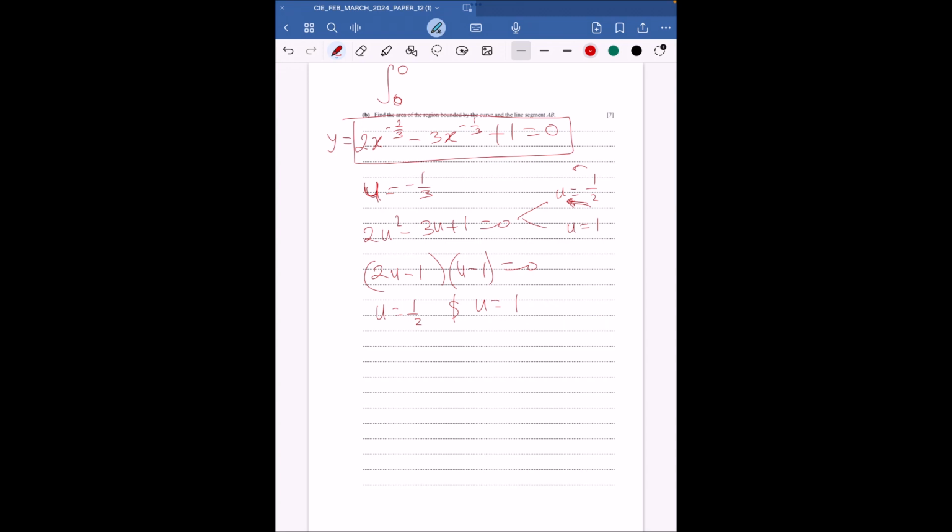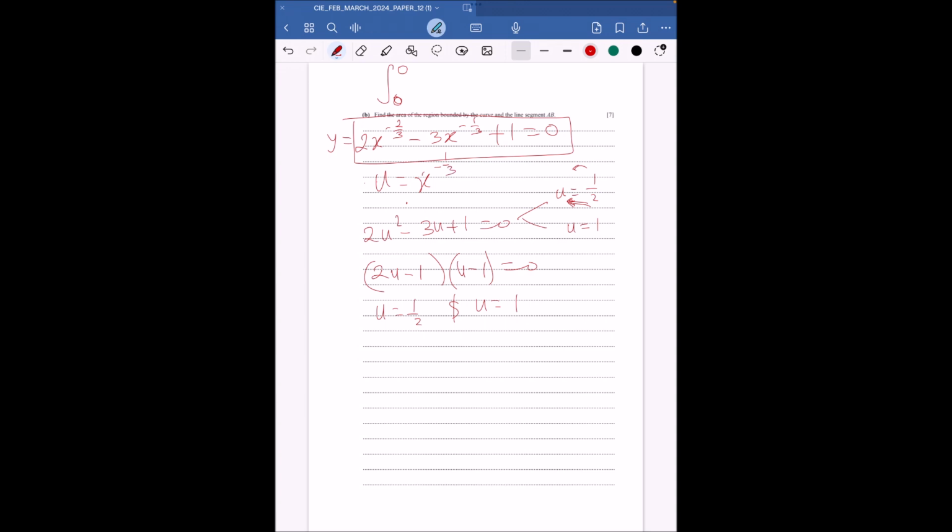So u is 1 by 2 and u is 1. Okay, let's check that. Yes, so that will be 2u squared minus 3u plus 1. So now we find x. So u is x to the power of minus 1 by 3.